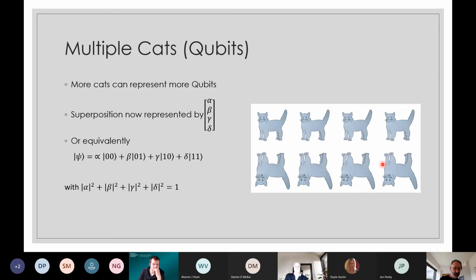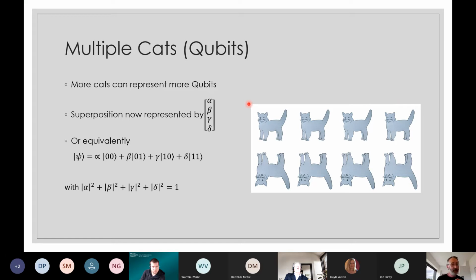And if we can do that, perhaps we could build a multi-bit, or because they're quantum bits, qubits machine with multiple cats. So I've got 4 cats here. That would give me a 4-qubit machine. If I only had 2 cats, I'd have a 2-qubit machine. 2 is easier.